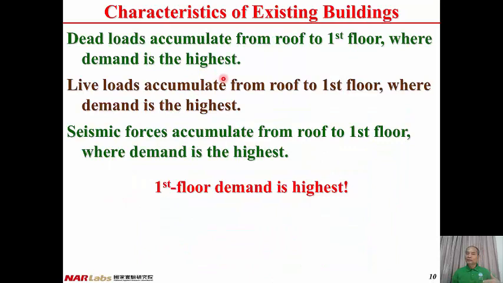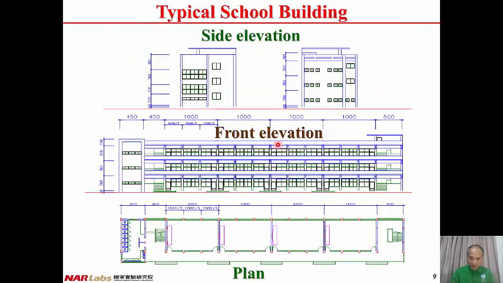Dead loads of the building accumulate from the roof to the first floor. Therefore, the first floor demand is the highest. From the elevation view, the dead load of the building accumulated from the roof to the third floor to the second floor.